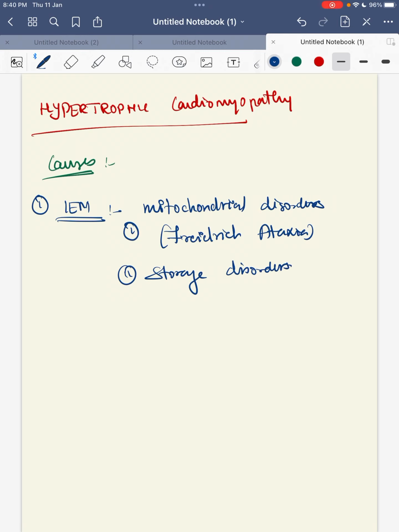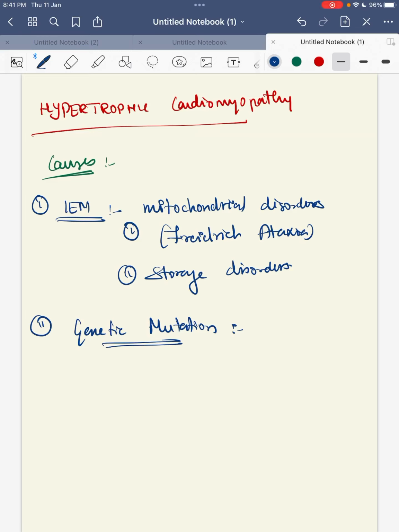In storage disorders, you can have this Pompe's disease and all. In Pompe's disease, both dilated cardiomyopathy and hypertrophic cardiomyopathy can occur. Next, second, genetic mutation. So in dilated cardiomyopathy, there will be a genetic mutation in desmosomal genes, right? I told that, right? Desmosomal gene mutation will be present.